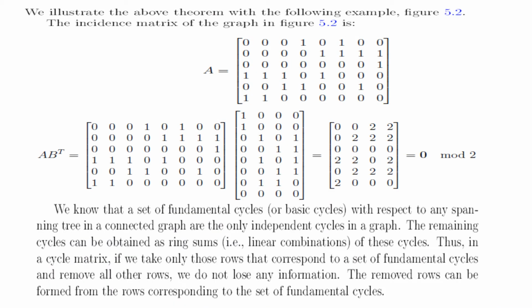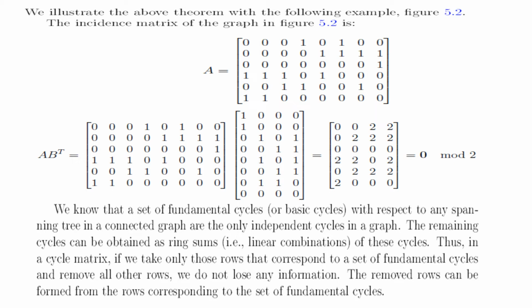For the above theorem, I will explain through an example. Let A be equal to the given matrix, that is the incidence matrix of the graph, which is given in figure 5.2.